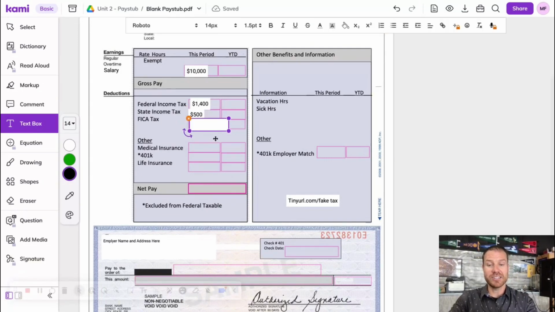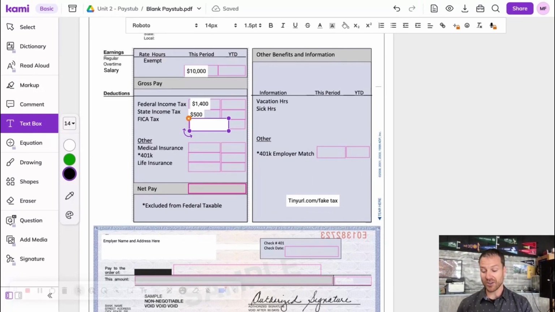For FICA tax, in the previous unit, we went over the idea of FICA tax being the combination of Social Security in tandem with Medicare insurance. Social Security is 6.2% and Medicare is 1.45%, giving me a total of 7.65% of my income.